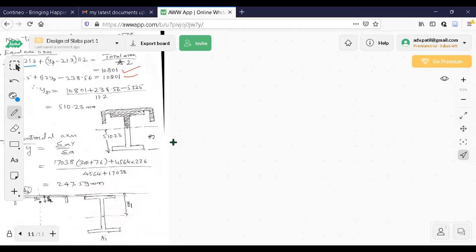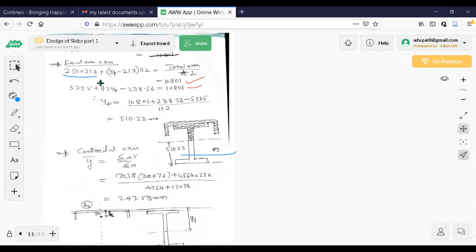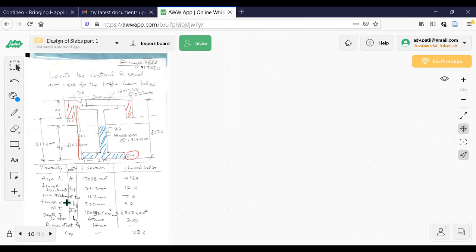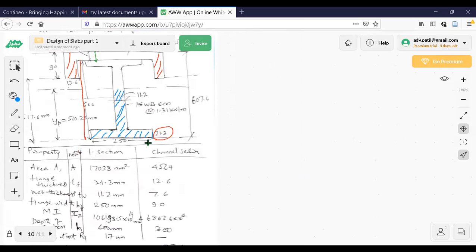Now see this one. First term is 250 into 21.3. Second is YP minus 21.3 into 11.2. Two terms will be there: 250 into 21.3, this area, plus the remaining portion.